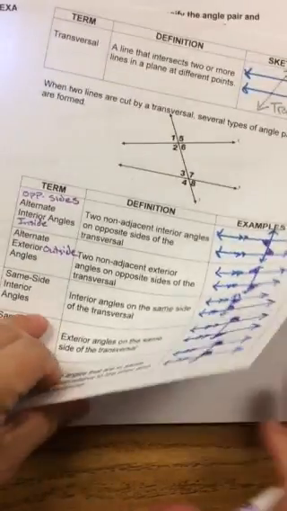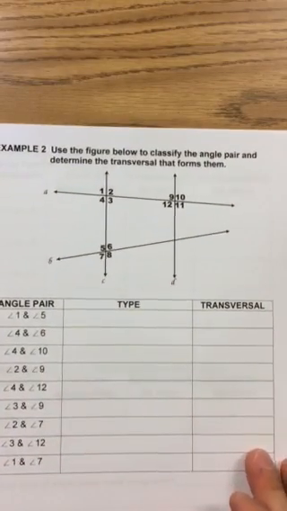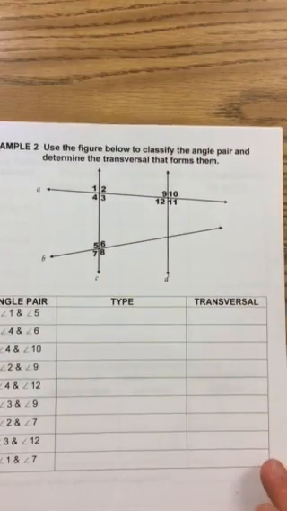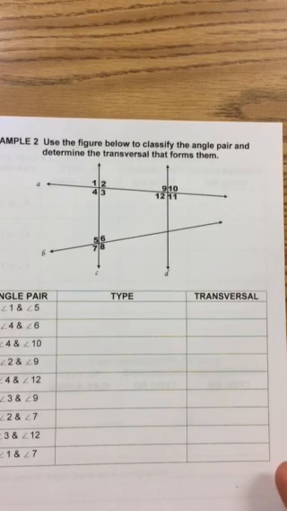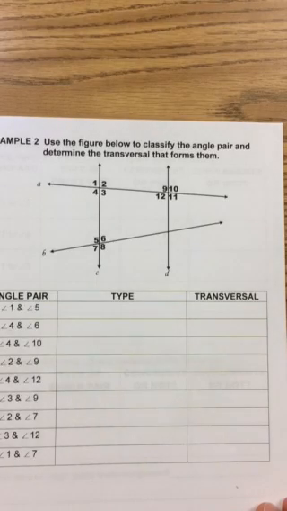So, now that we've kind of got some definitions worked out, I want you to take a minute, pause the video, and look through example 2. It asks you to classify each angle pair below and determine the transversal that forms them.